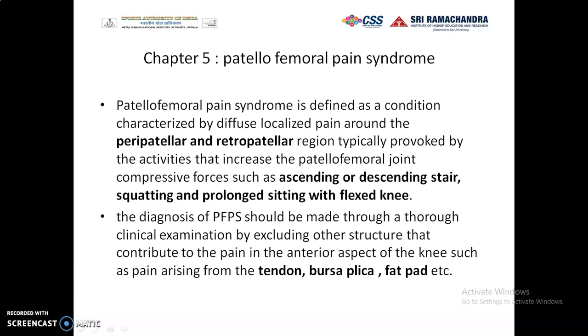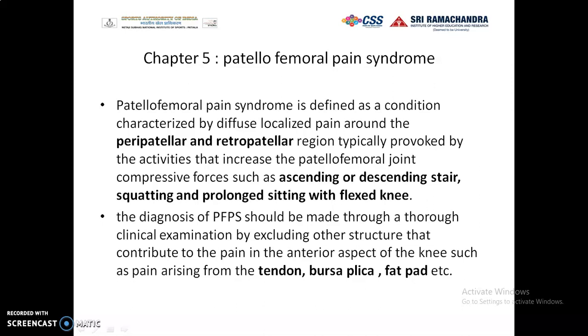And now we are going to talk a little bit about patellofemoral pain syndrome. The patellofemoral pain syndrome is defined as a condition characterized by diffuse localized pain around the peripatellar and retropatellar region. Typically, the pain can be provoked by activities that increase the patellofemoral joint compressive forces, such as ascending or descending stairs, squatting, and prolonged sitting with flexed knee.